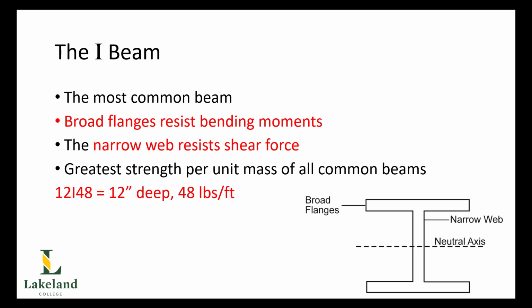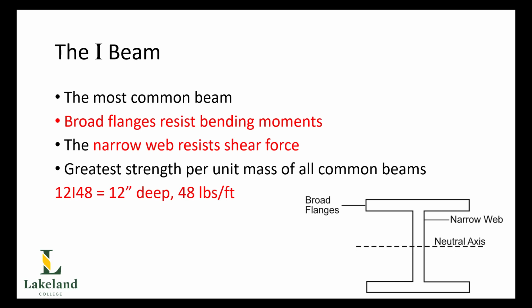Now, there are component parts of our I-beam that we need to be aware of. An I-beam is so called because it looks like a great big capital I if you look at it in cross-section. The wide parts of our I-beam are referred to as the flanges, and the narrow central portion is referred to as the web.